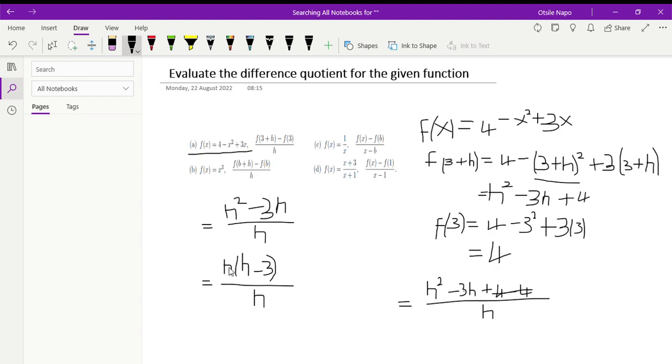This h, let me use a different color, this h will cancel h. Therefore, we will be left with h minus 3. So let me check for a few mistakes.